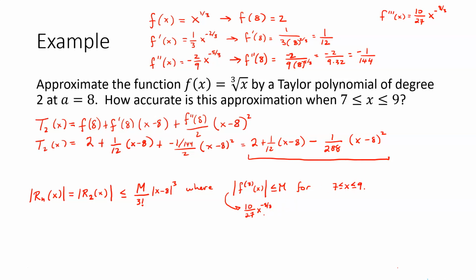So another thing I notice is that this function is a decreasing function. I notice that as x goes from 7 to 9, since it's decreasing, the biggest value occurs when x is 7, right? Because as x gets bigger, it decreases in size. So this will be less than or equal to 10 over 27 times 7 to the power of negative 8 over 3.